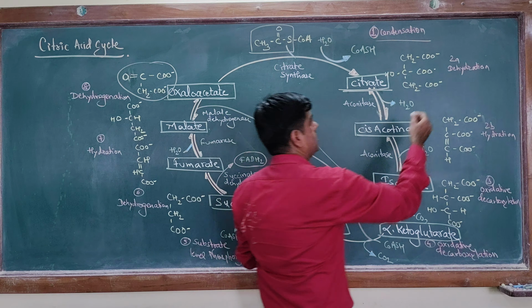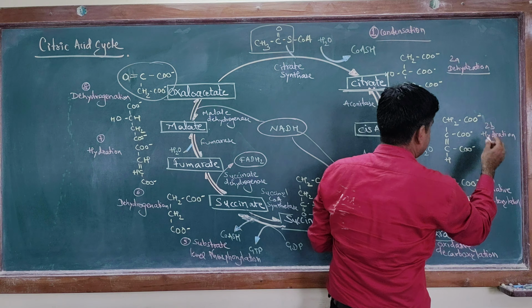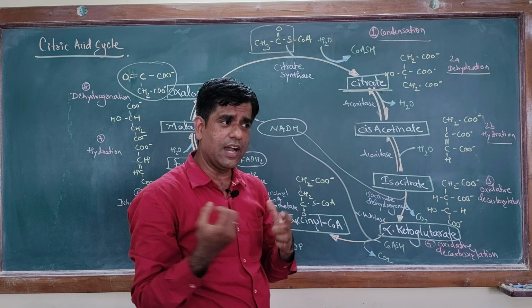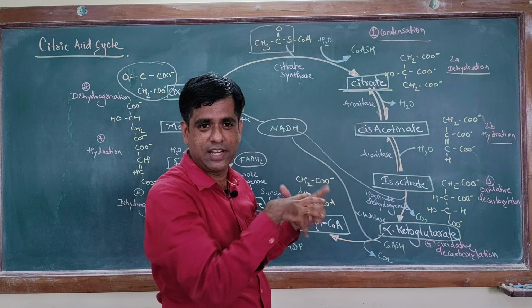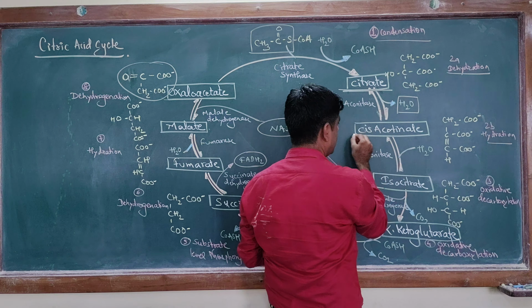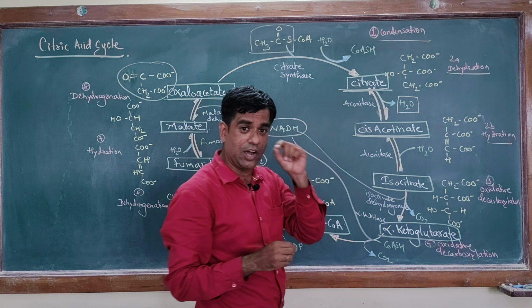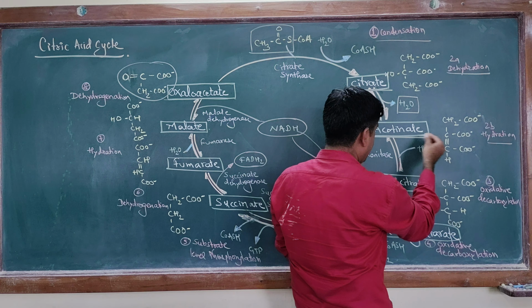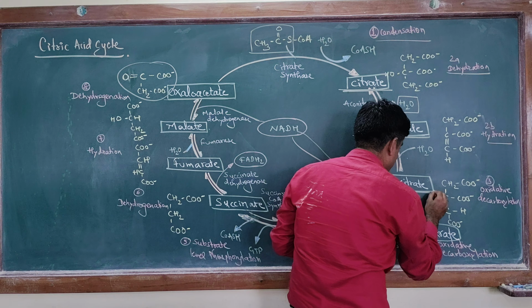This then undergoes successive dehydration and hydration, so removal of water and addition of water, making some molecular rearrangements. There is a removal of water to form a temporary intermediate, cis-aconitate, and then this cis-aconitate is hydrated again to form isocitrate.